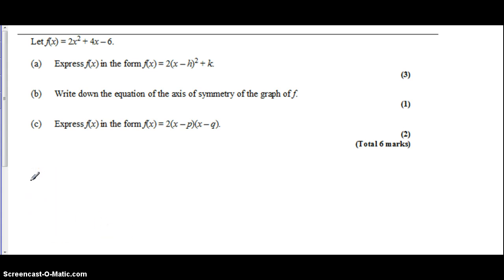So the first step is to realize that there is a stretch factor of 2. Every part of our equation here is multiplied by 2. So our first step for f of x is factoring out that stretch factor of 2.